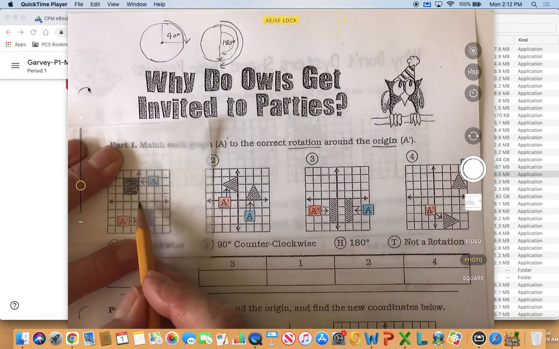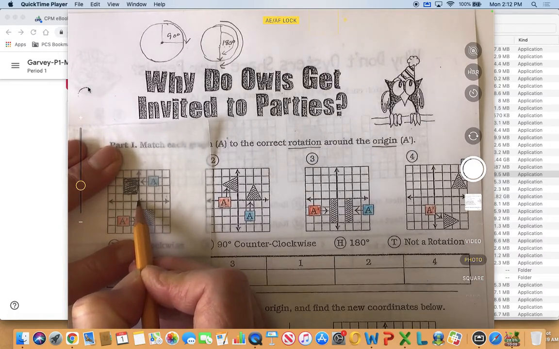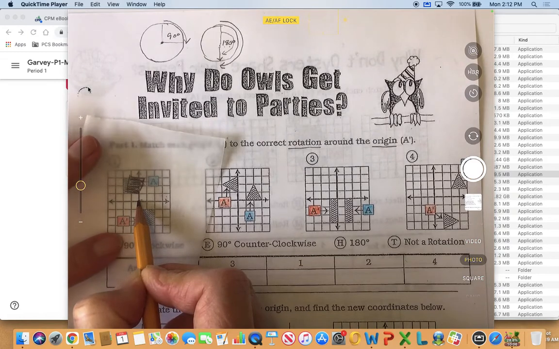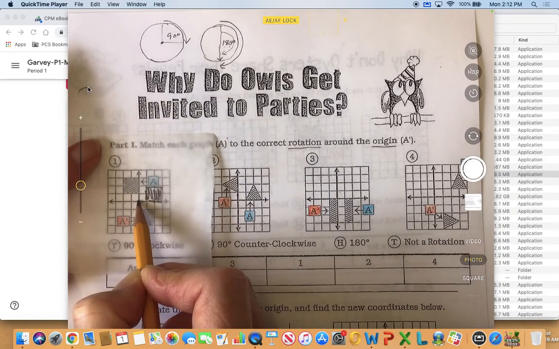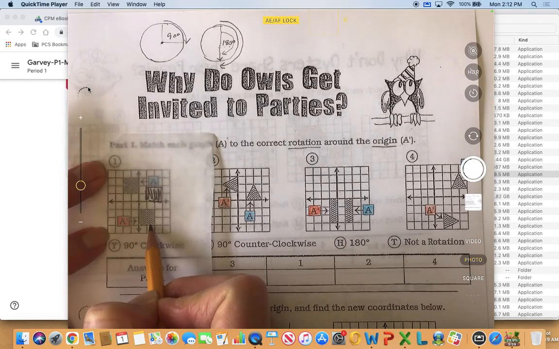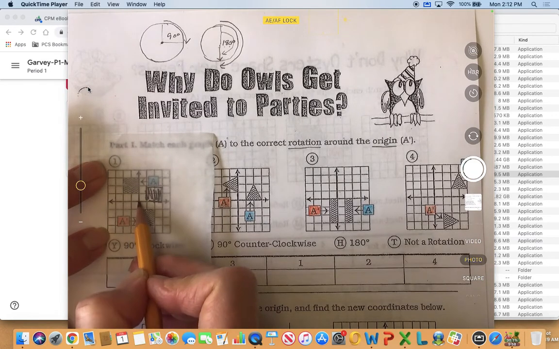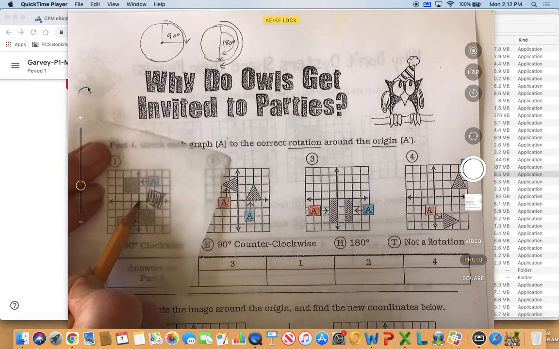So I'm just going to put my pencil right there on the origin, and then I'm going to push down, and we're going to keep turning. Okay, so I made a quarter turn, so I went 90 degrees, but I'm still not on top of this new image. So let's try going another quarter turn.